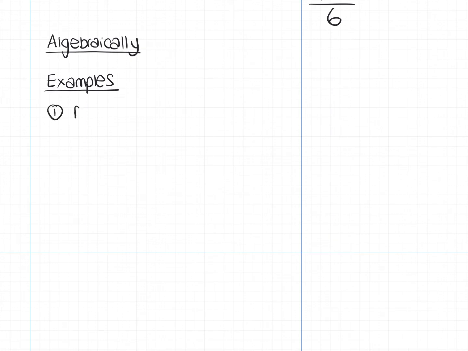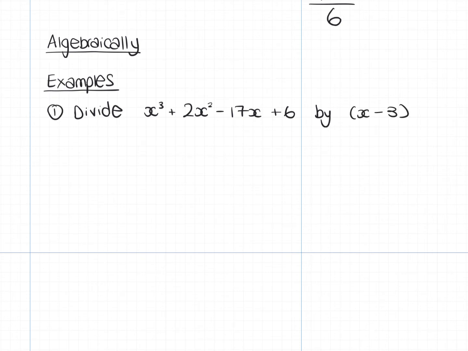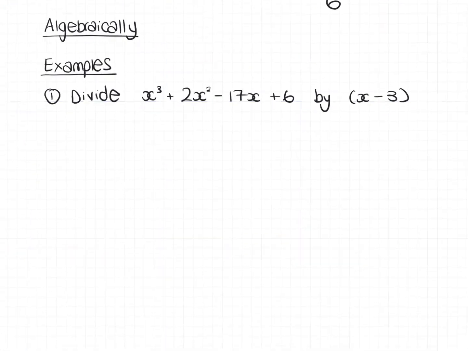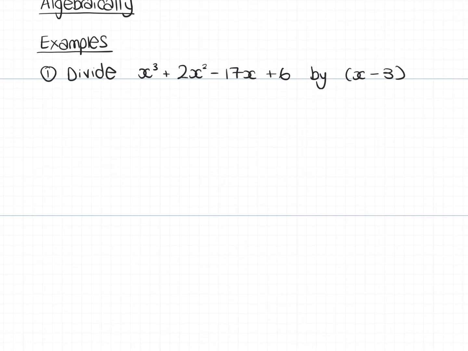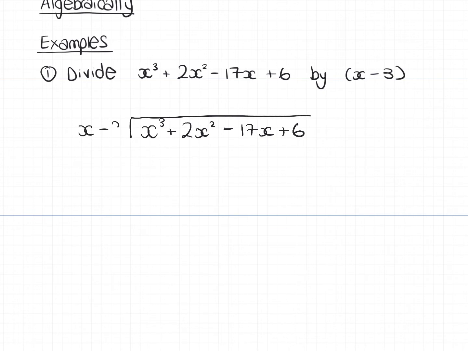For my first example, I'm just going to say, what would I get if I wanted to divide x cubed plus 2x squared minus 17x plus 6 by x minus 3. So thinking back to how we did it using the numbers, I'm going to do the same here. I want to do this polynomial divided by x minus 3.